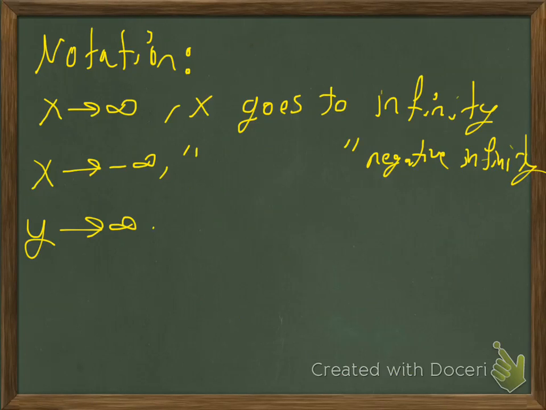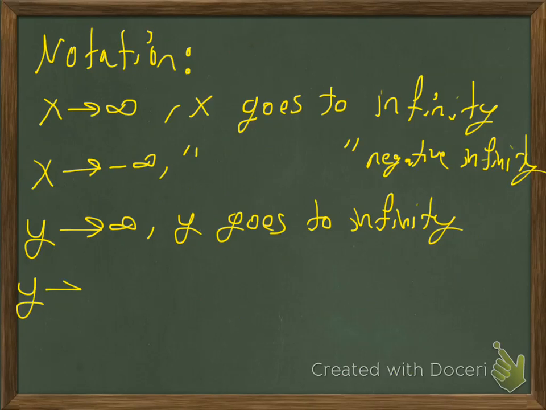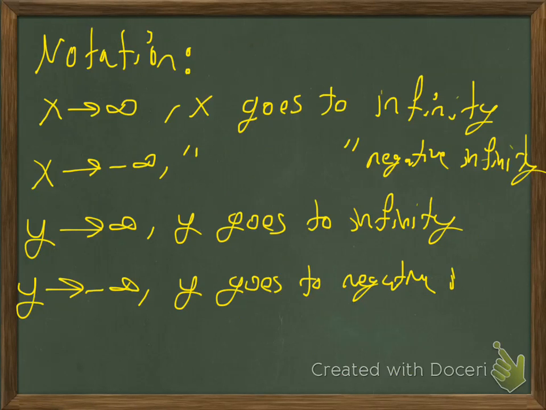The y is either going to go to infinity, or y might go to negative infinity. It just depends on the degree, and it depends on what a is. So that little arrow there just means goes to, or approaches. It's just efficient math notation, because we don't want to write goes to infinity, goes to negative infinity every time. We're trying to be efficient. Maybe lazy too, but definitely efficient.